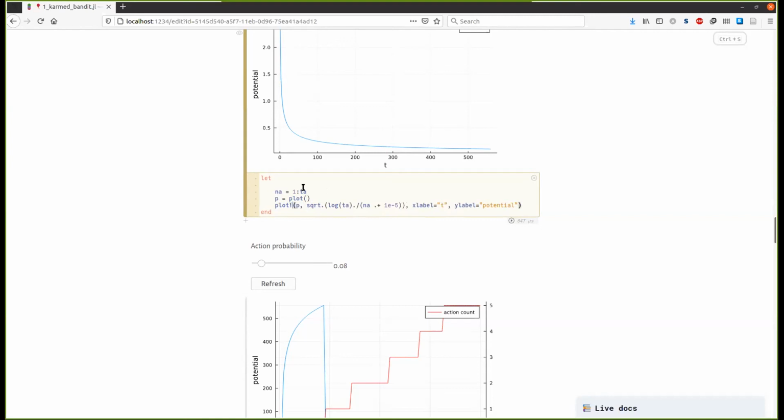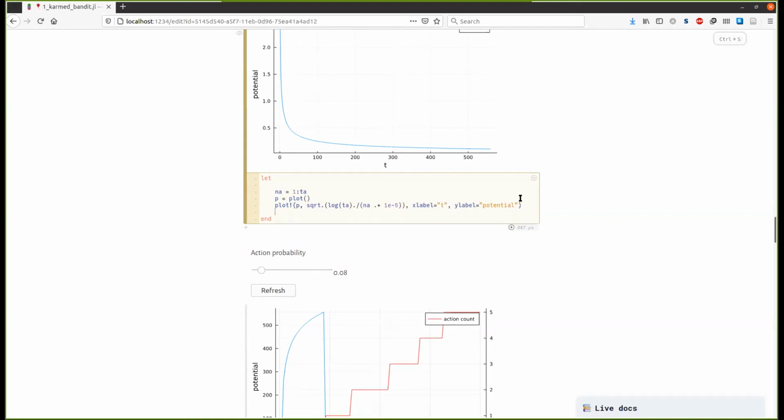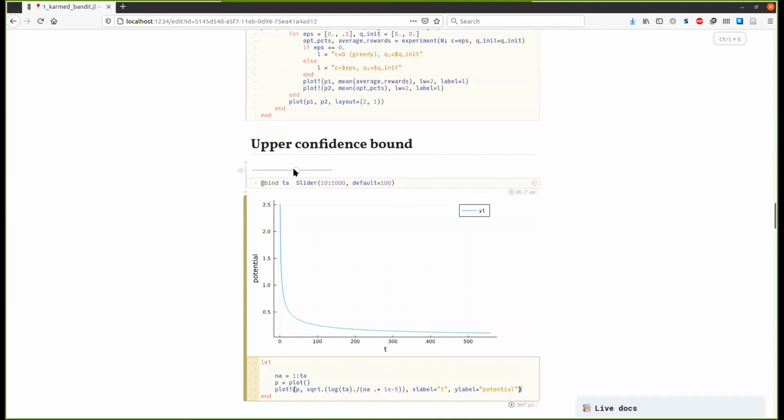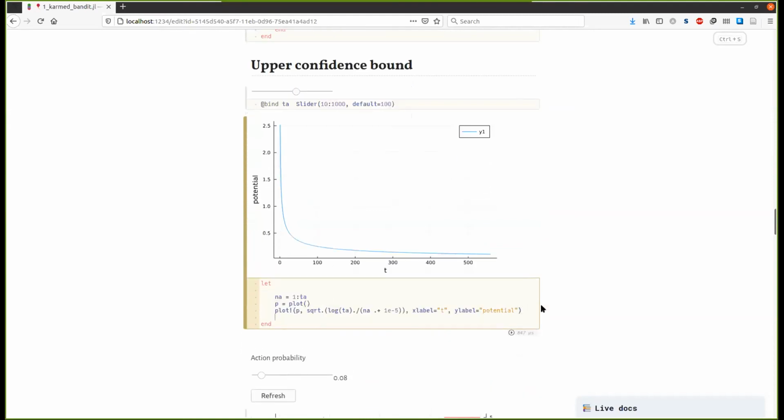So any action that hasn't been selected, its uncertainty term gradually increases until the sum of it with the Q term becomes the biggest, and then argmax selects it, at which point it'll sample from the distribution and get a better estimate of its true mean. If it's a bad action, the Q term will drop down, and because it's been selected, its uncertainty term drops down as well. So any action that hasn't been selected, its uncertainty term steps up until that action gets selected. Yeah, makes sense.